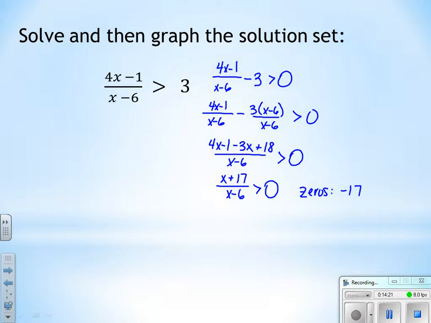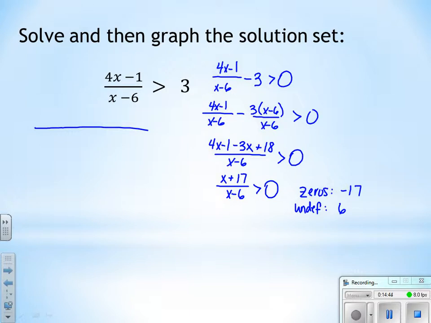That's the only thing that will make this equal to 0. I now need to look for things that will make it undefined. Focus on your denominator here. A 0 in the denominator of an expression makes the expression undefined. 6 is going to do it down there. Okay, so I have two numbers, two key terms for this problem.